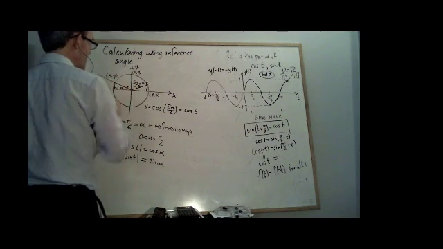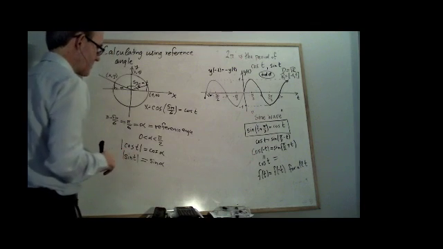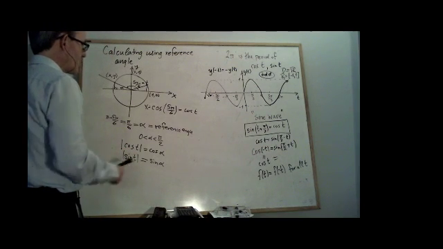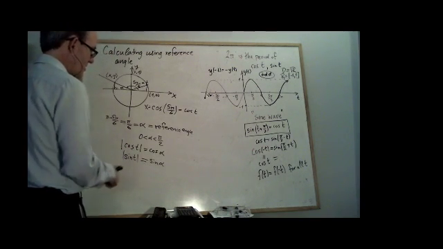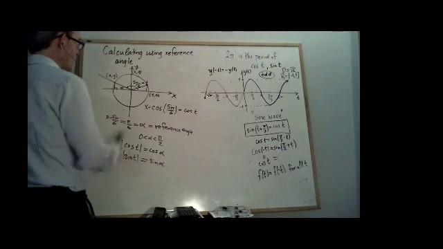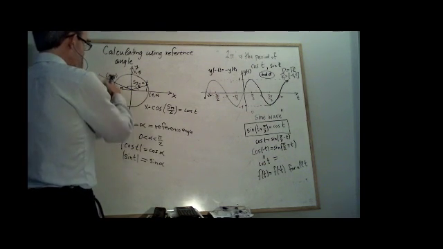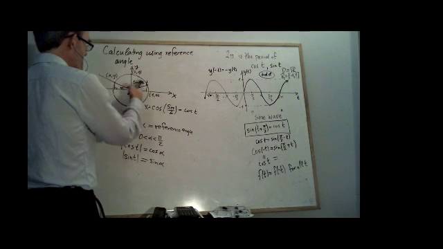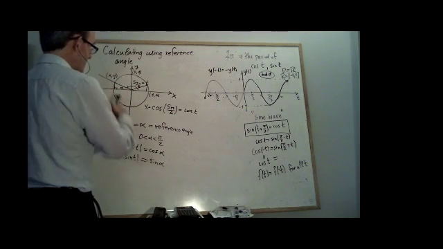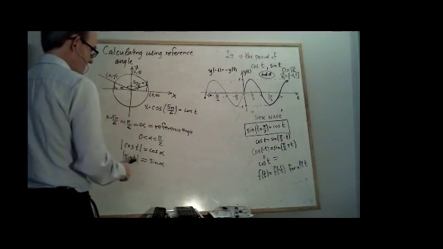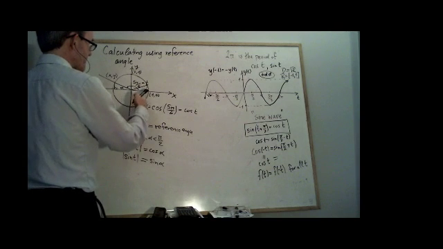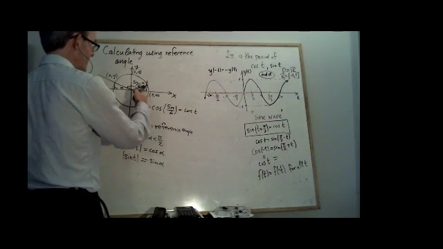And the y values will be just the same because they're both positive. The y value is the sine function: here the y value is the sine of the angle t, and over here it's the sine of the angle alpha.